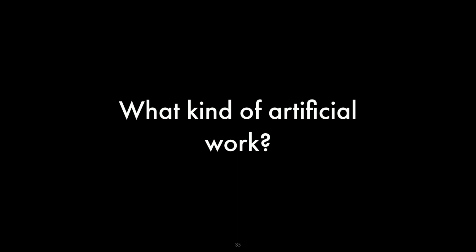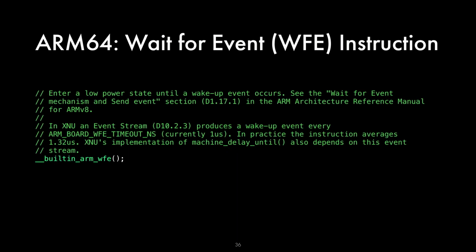It turns out that not all artificial work is the same. Some instructions are more energy efficient than others. The best that I've found is this thing called the WFE instruction, which is ARM specific. It's wait for event. It's used in the kernel to implement a delay function.